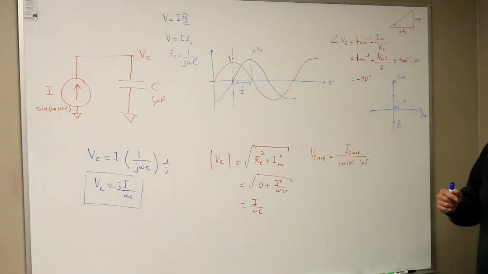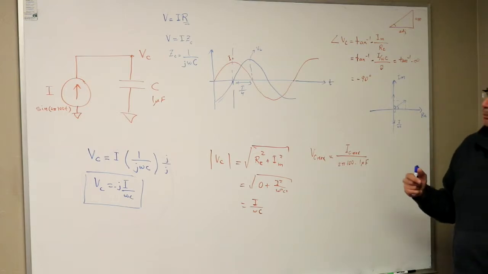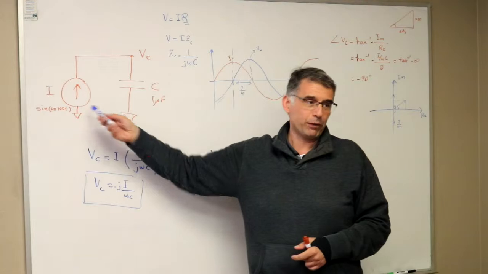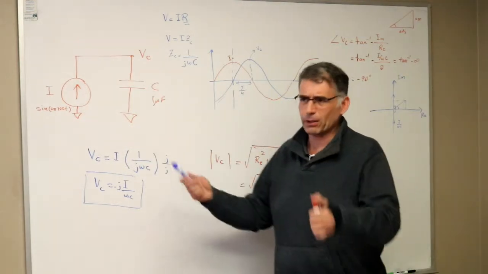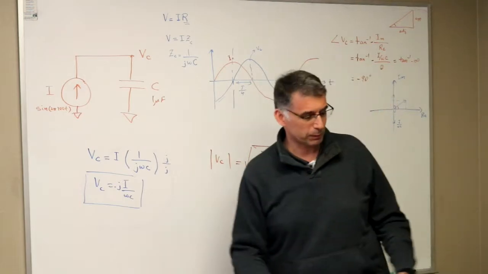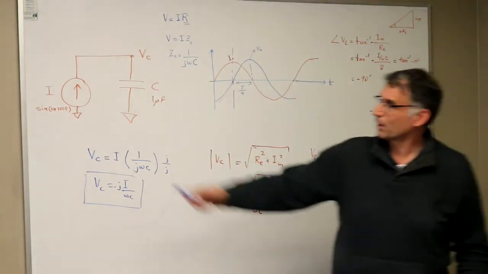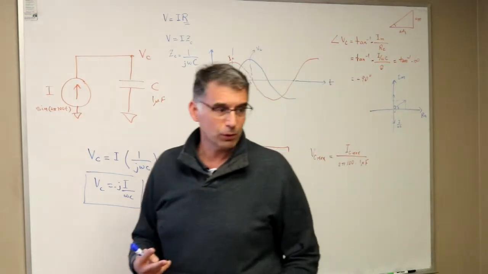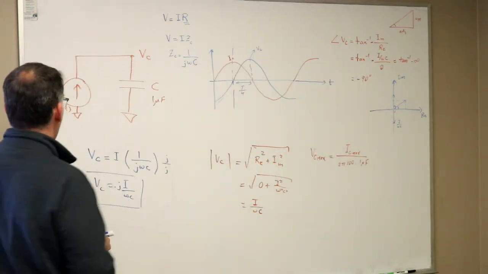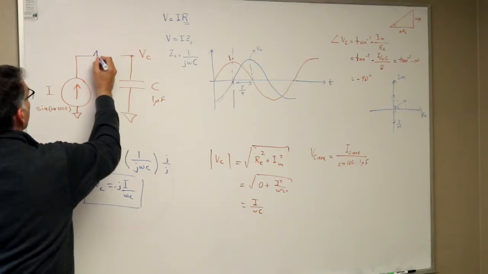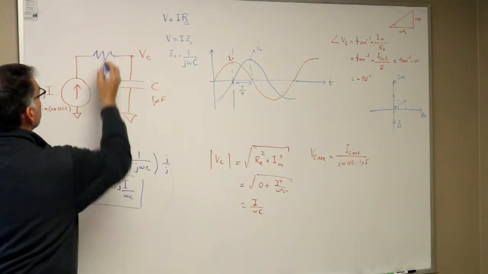Now, when we build the circuit, usually we don't have current sources. There might be current sources out there, I'm sure there are, but usually we work with voltage sources, especially this guy that generates the sine wave, it's a voltage source. So there are two ways of doing this. One way is that I put a resistor here.